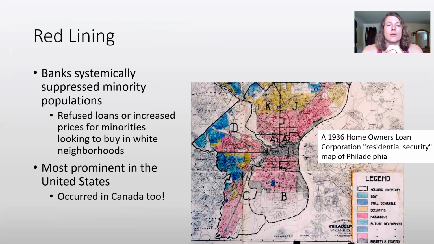And this was a process where banks would systemically suppress minority populations by refusing to grant loans to certain neighborhoods, or increasing prices for minorities looking to buy in white neighborhoods. So I'll talk more in detail about this later on in the course. This is most prominent in the United States, but it also occurred in Canada, although it wasn't formally institutionalized like it was in the US.